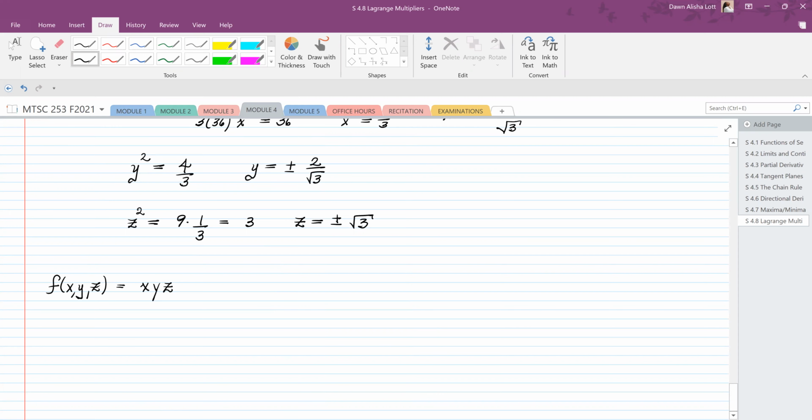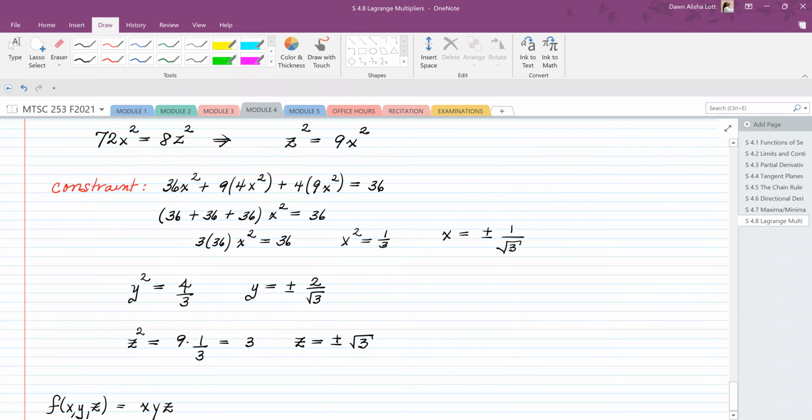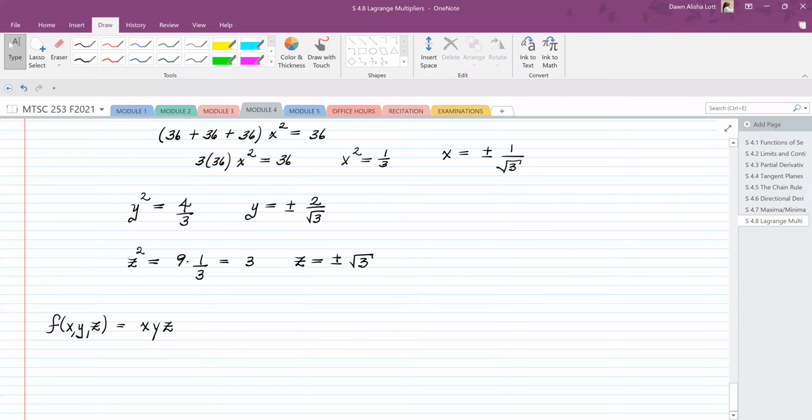Obviously, I'm not going to choose the negative values. I'm going to get 1 over the square root of 3 times 2 over the square root of 3 times the square root of 3. So I get 2 over the square root of 3 is the maximum volume.